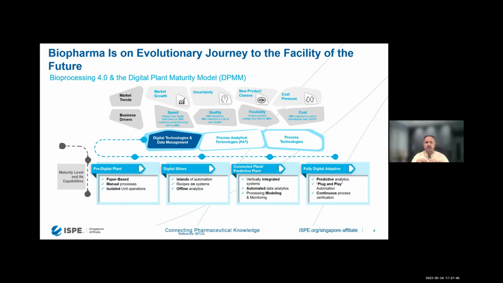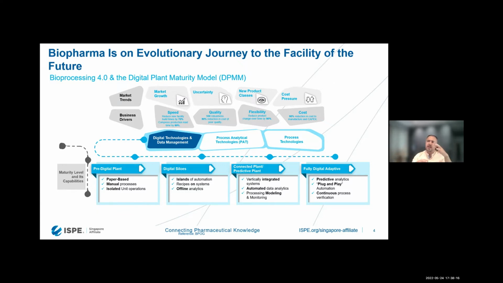The final one, as proposed by BPOG, is the fully digital adaptive plant, which has more predictive analytics and plug and play automation. The way I look at this is that the market is moving from left to right on the slide, and our users and the various biomanufacturers are at different stages of digital maturity.